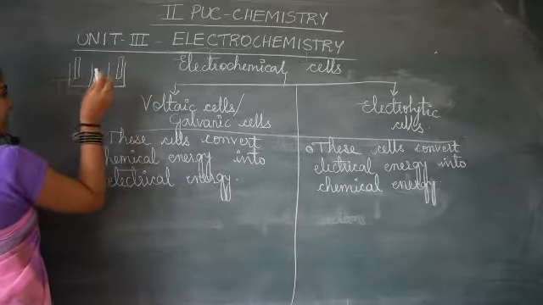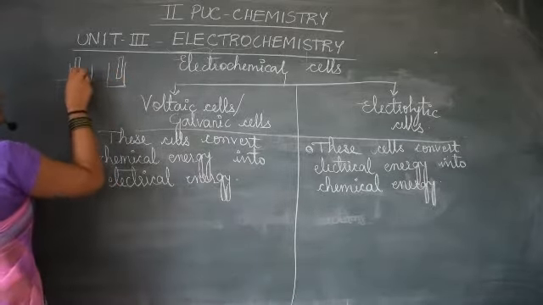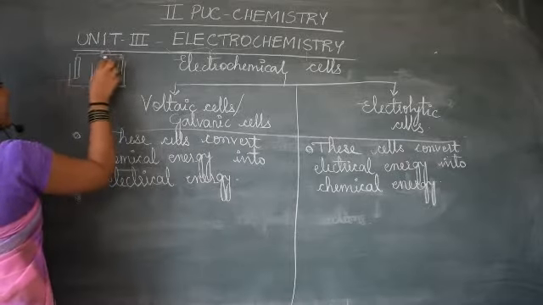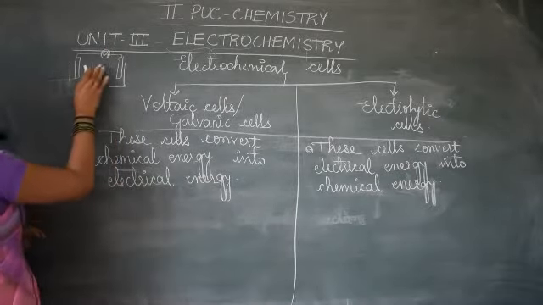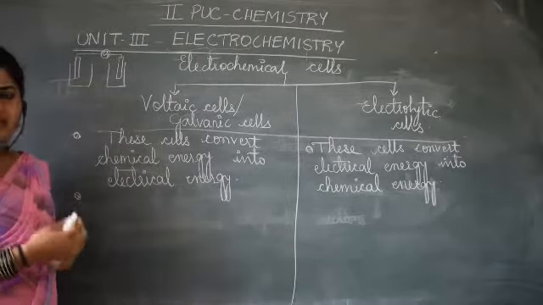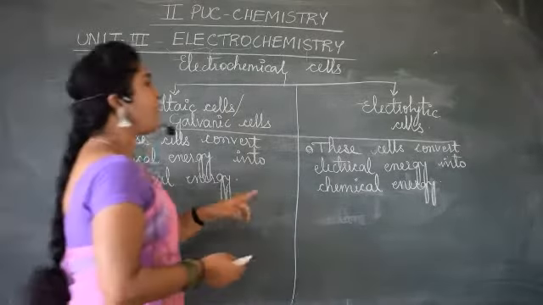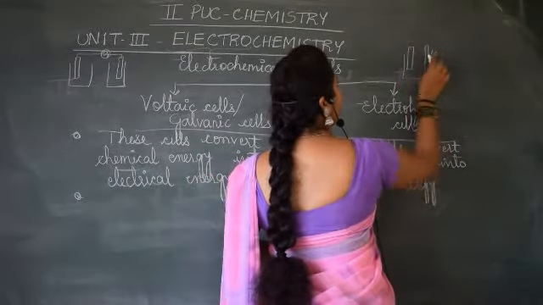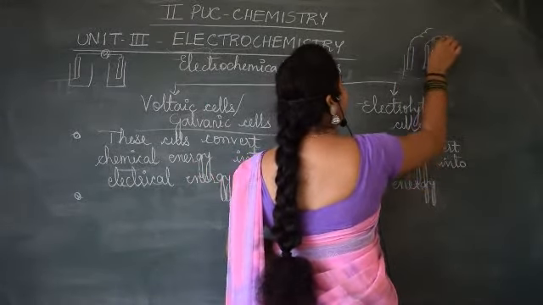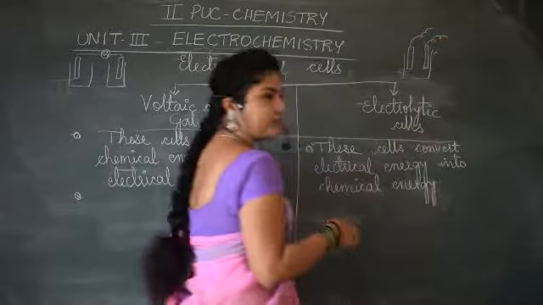We will study the setup, just briefly explaining. It will be externally connected, and internally also it will be connected using a salt bridge. I'll tell you about that later. Whereas in an electrolytic cell, both the electrodes will be dipped in the same solution, and then they will be externally connected to the circuit.